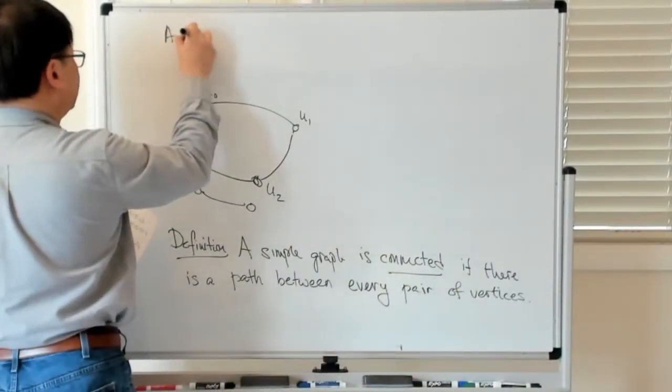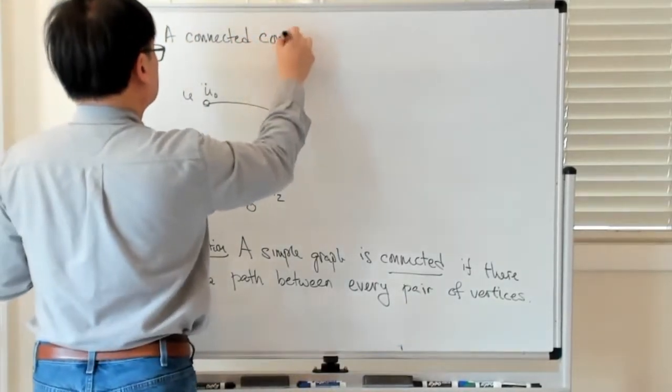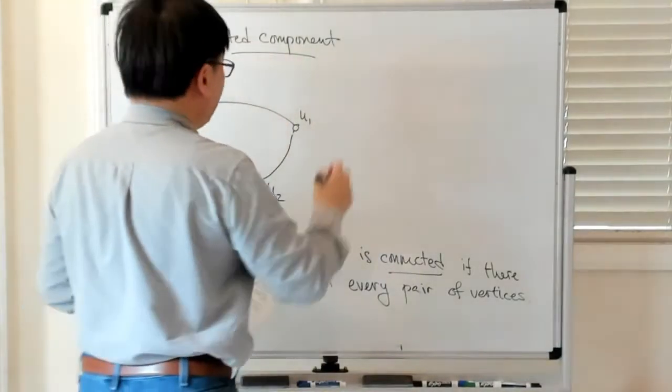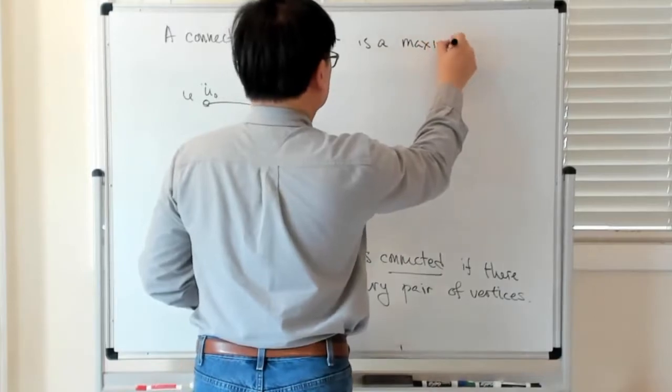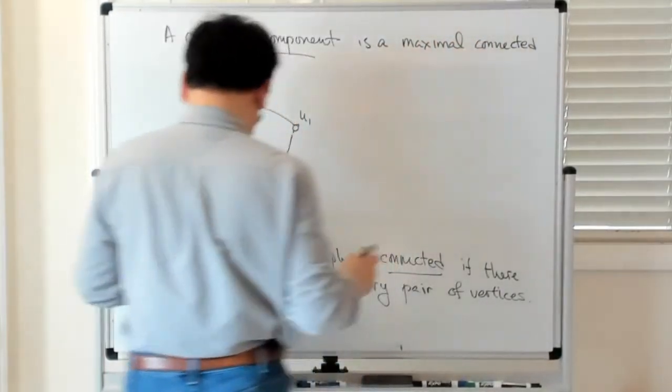A connected component is a maximal connected subgraph.